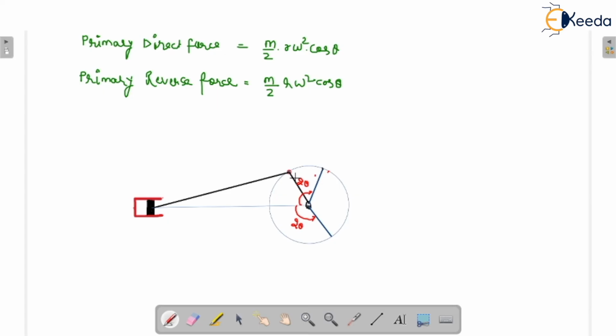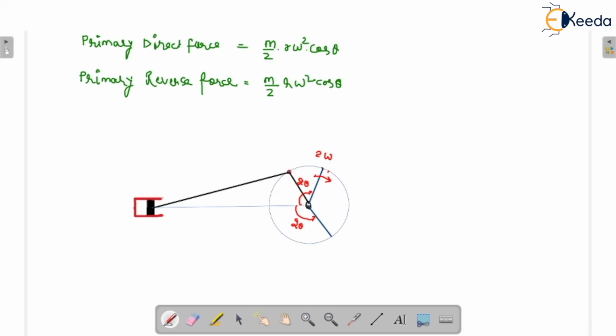And we know that if the speed of the primary crank is omega, it would be 2 omega. We know that the speed becomes twice. Okay, and this is r by 4n, and this would also be r by 4n. Radius would be same for both, but the speed would become twice. So we are just calculating the secondary forces.